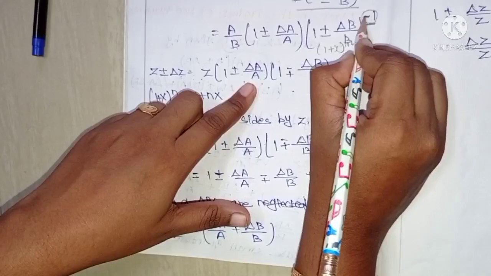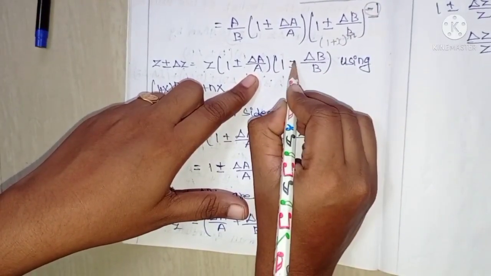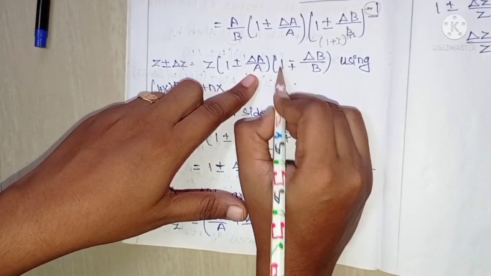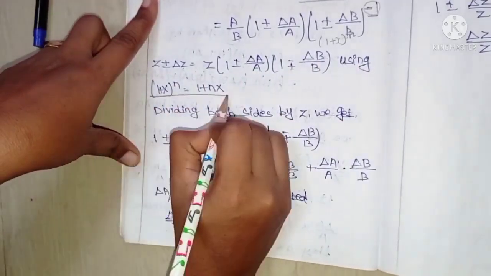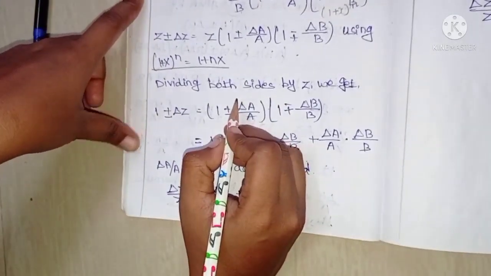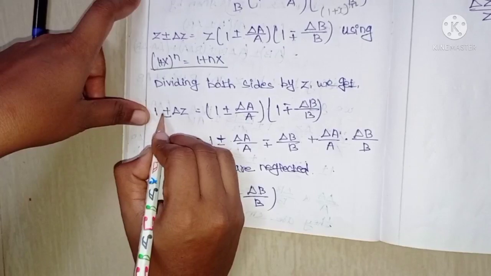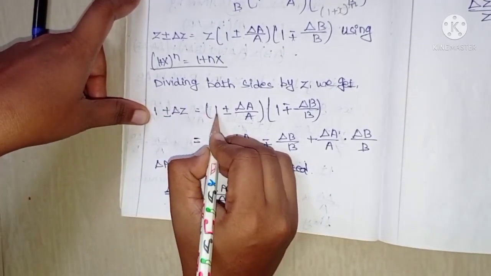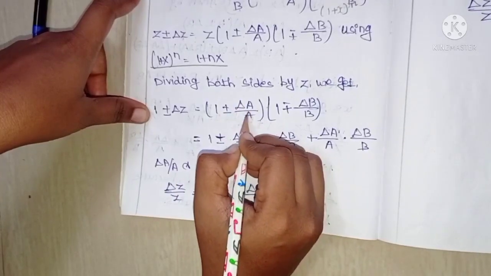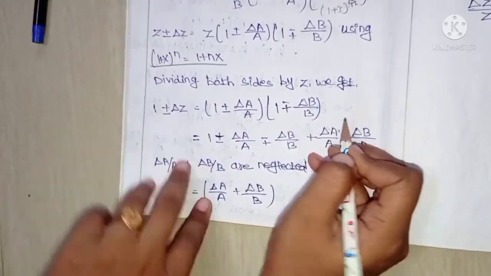Since here we are having power of minus 1, this plus or minus has become minus or plus. So 1 minus or plus del b by b, using this format 1 plus x the whole power n. Dividing both sides by z, we get 1 plus or minus del z by z equal to 1 plus or minus del a by a, 1 minus or plus del b by b.